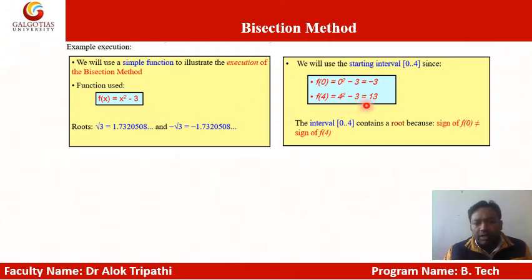F of 4 is 13. So here we have taken the interval 0 comma 4. If you want, you can also choose 0 comma 2, because at the point 0 the value of the function is negative, and for x equals 2 the value of the function is positive. So you may also choose the interval 0 comma 2.